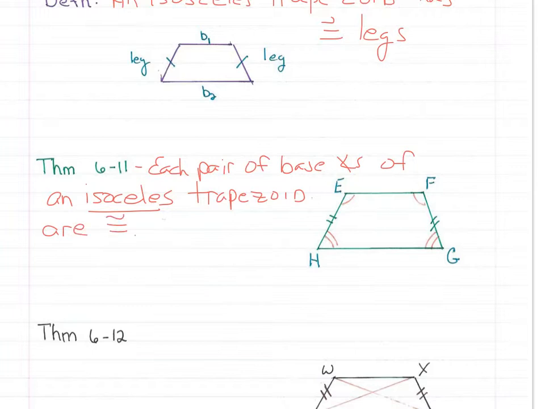Okay, so here we know that angle H is congruent to angle G, and angle E is congruent to angle F.